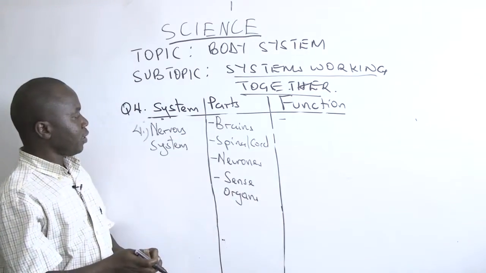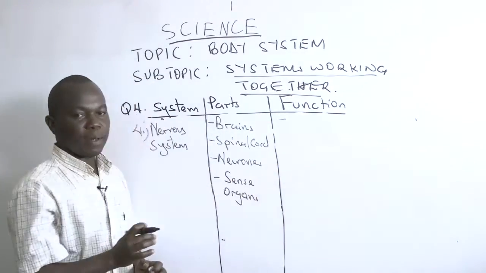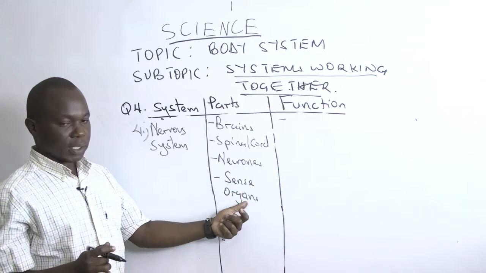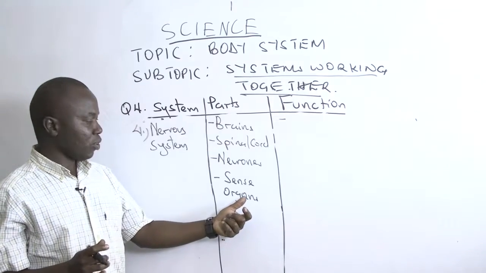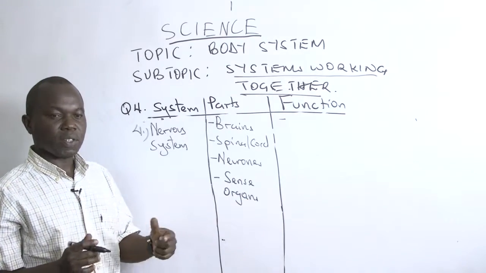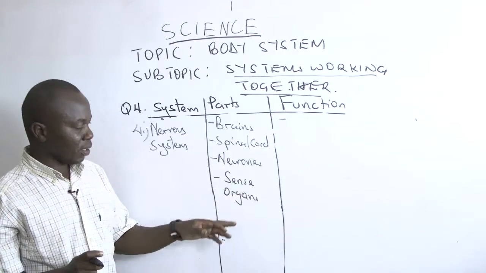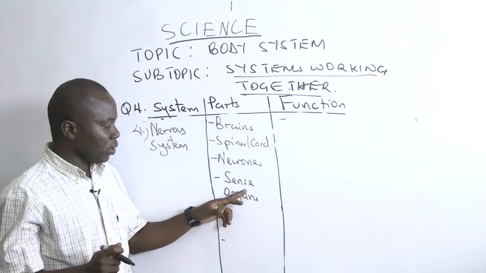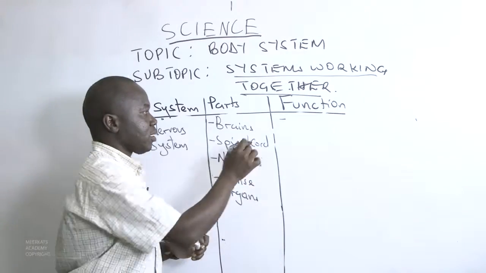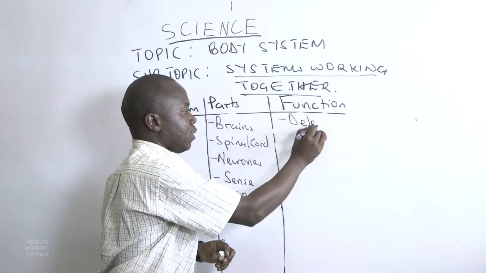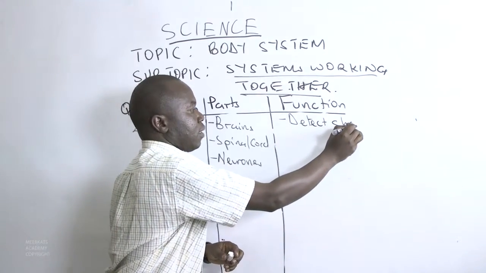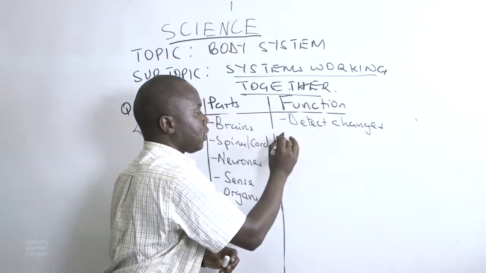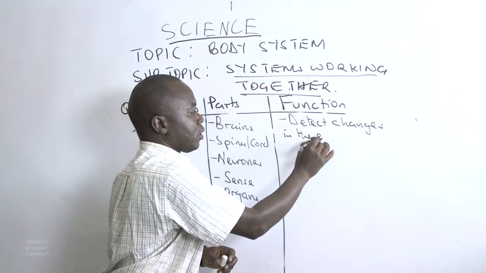If you touch a hot object, you realize that it is hot because we have sense organs that have receptor cells. Role of the nervous system: detect changes in the environment.